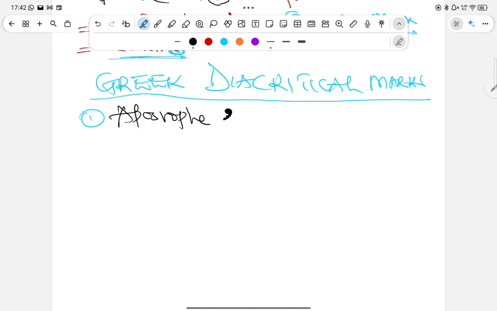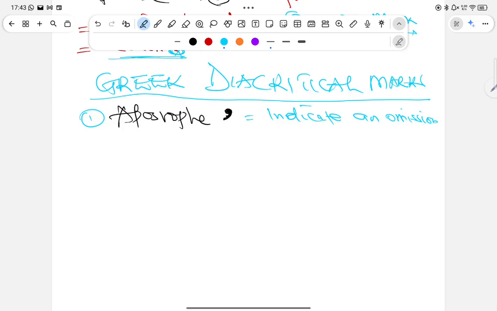Remember, a smooth breathing mark is written like an apostrophe. Now, the apostrophe is used to indicate an omission, that something has been left out.